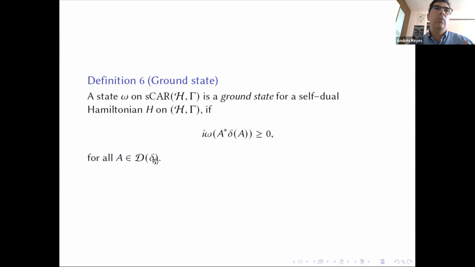And one has to work out what the domain of that derivation is. But in this algebraic language, the condition for a state omega to be a ground state can be written in terms of this inequality. So it is quite convenient, and we are going to be interested in studying these ground states.